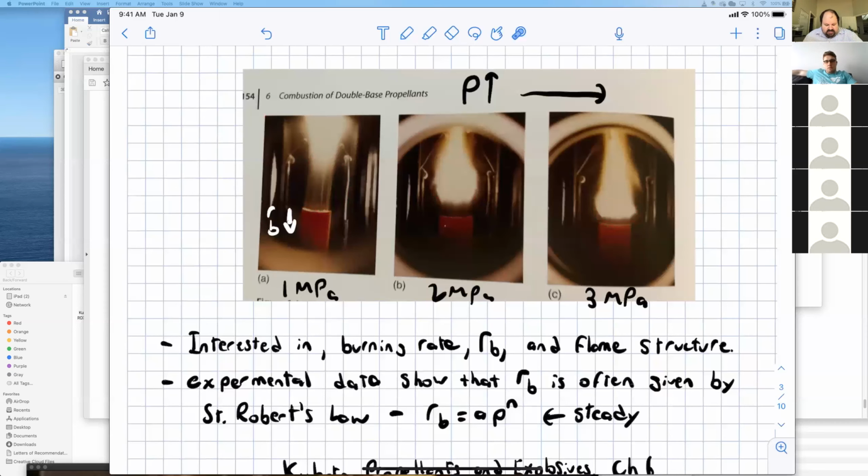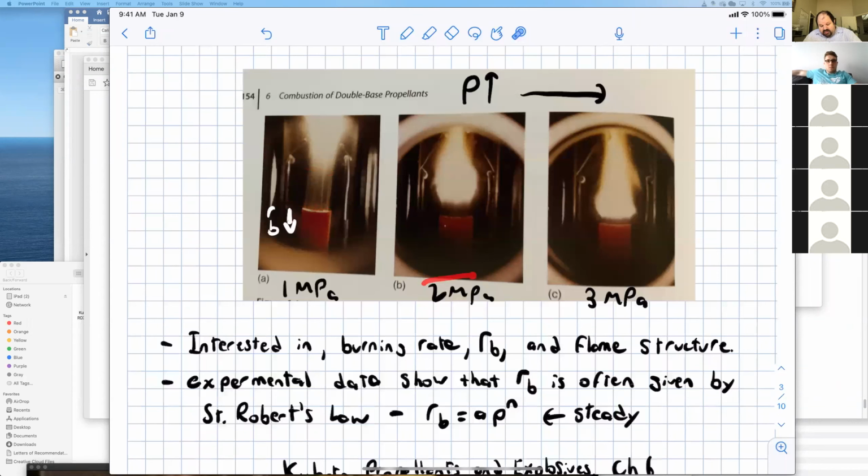We can see at low pressures, and low for a propellant is 1 megapascal, that in this region we have pyrolysis gases coming off the surface. Then after a delay period, they ignite and burn to form a luminous flame zone here. At low pressures, this distance between here and here is actually quite large.